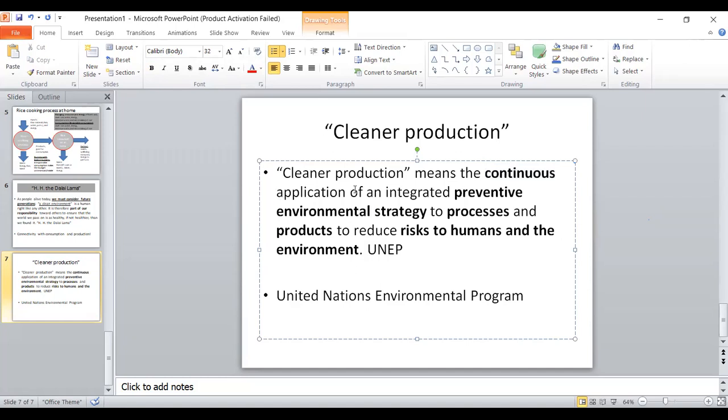So apply these cleaner production practices in a holistic or complete way. We call it integrated. Later I will explain this part. This is the very definition I put here: integrated preventive environmental strategy. So we have to understand this.